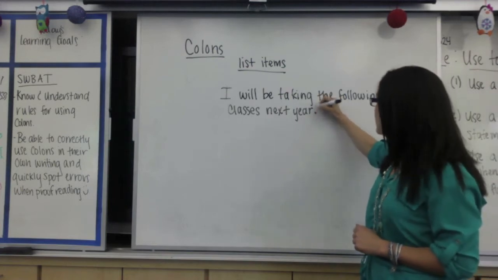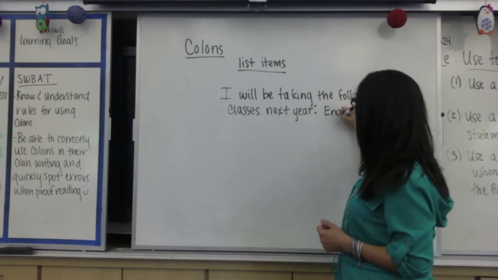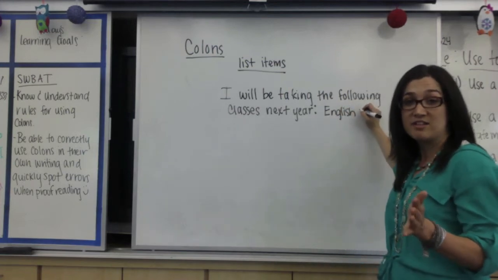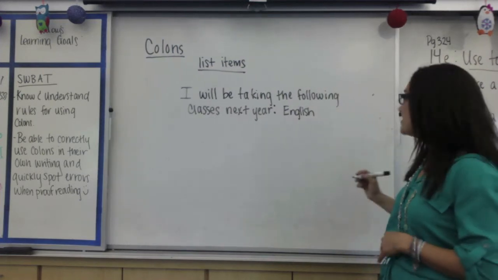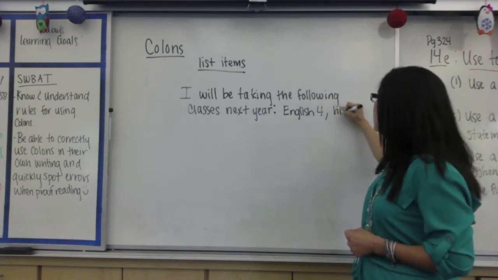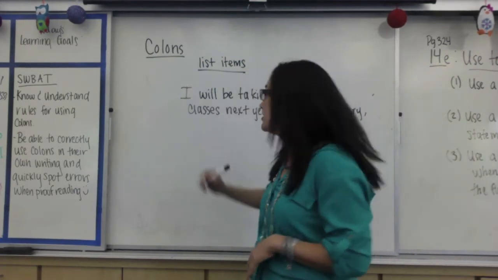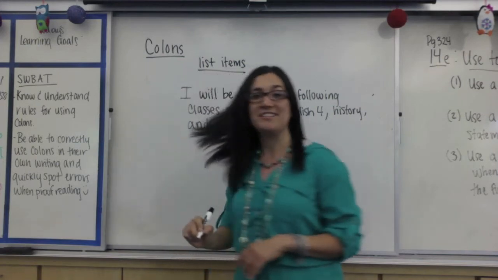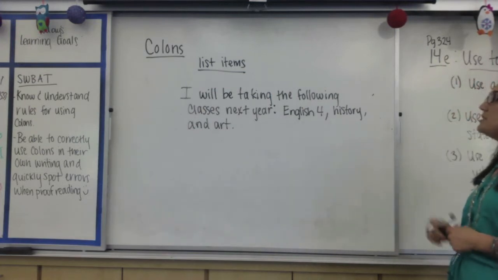Now I'm going to put my colon in this sentence, and I'm going to list those classes. So English 4, and remember, we always capitalize English because it's a language. Still the best class. I'm going to take English 4, history, and then we'll just keep it short, and art. If only it were that easy, right? But let's just say three, for example.